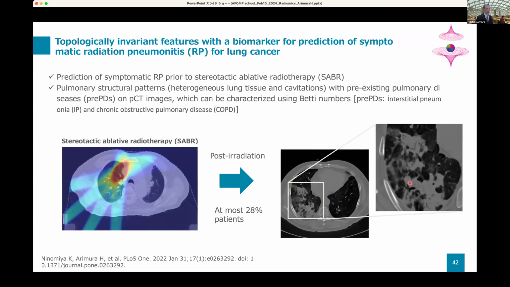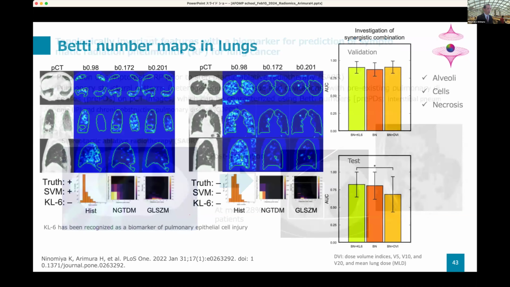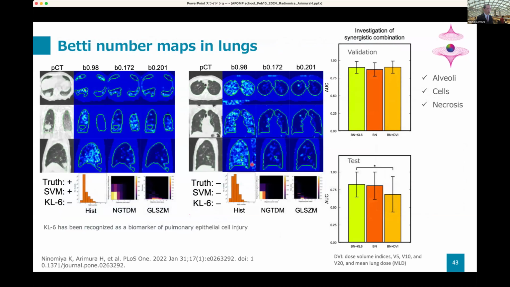So we'd like to predict radiation pneumonitis before treatment. So we calculated batch number within lung region, and we added KL6 information, and we have a very nice result for validation test. Sorry, this is a validation test.